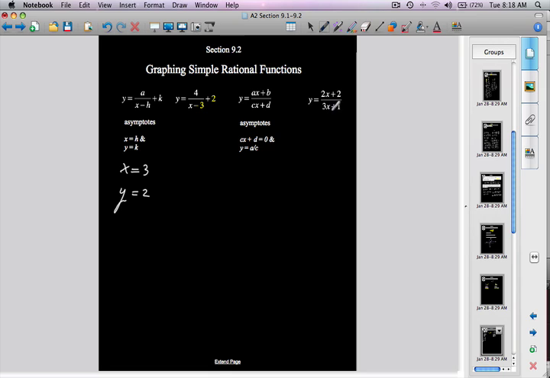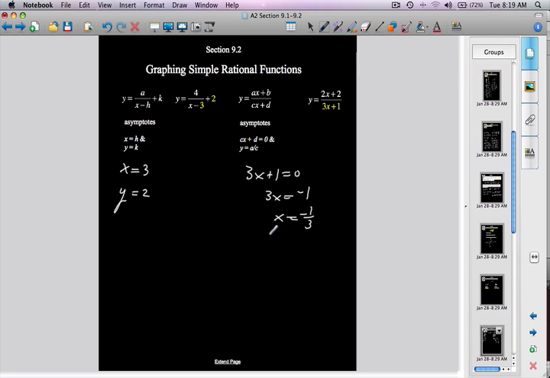So if we look at this equation, this is in the form ax plus b over cx plus d, and I want to set the denominator equal to 0. That's how I find my vertical asymptote. So 3x plus 1 equals 0. When I solve for x, 3x is equal to negative 1, so x would be equal to negative 1/3.